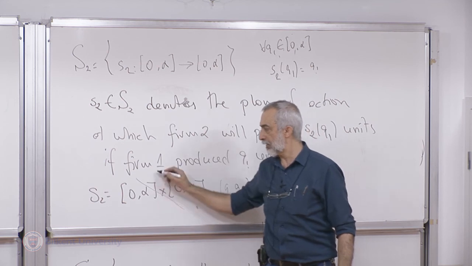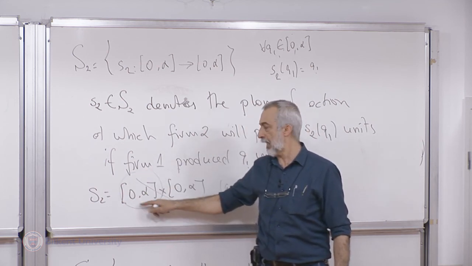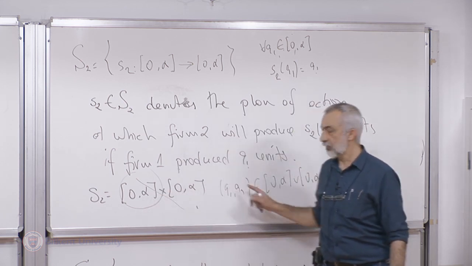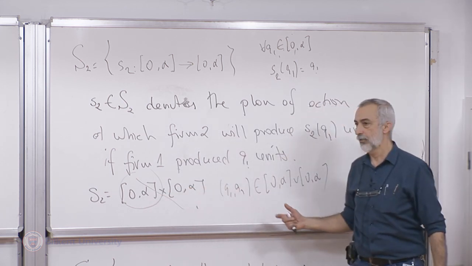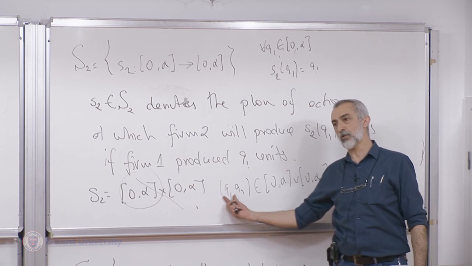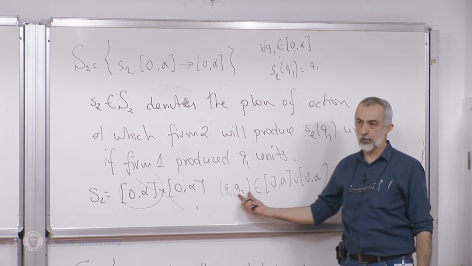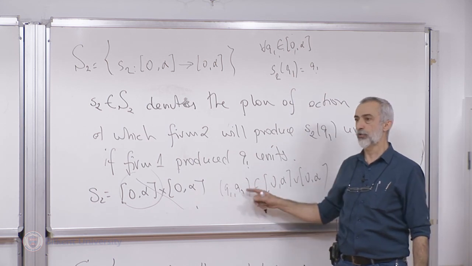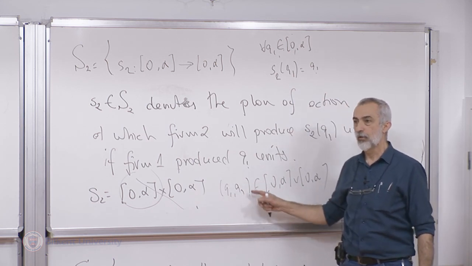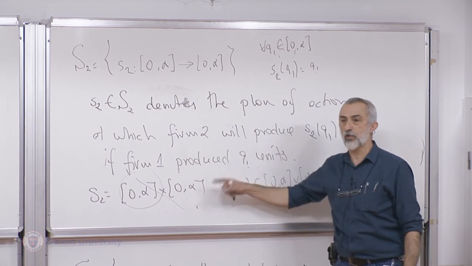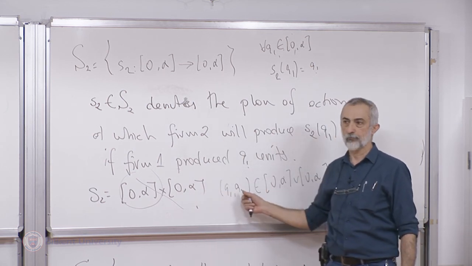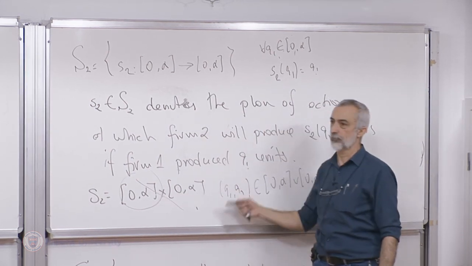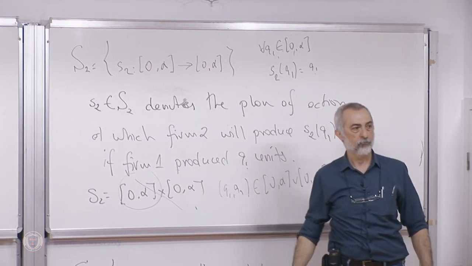It has the idea that it should rely on the action of firm 1. But when you write it like that, it just takes one action of firm 1 and gives one action of firm 2. What we need is what firm 2 is going to do in response to any action of firm 1. That's why this will not work. It's getting close, but not there.